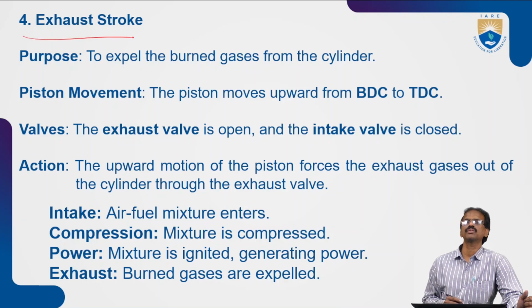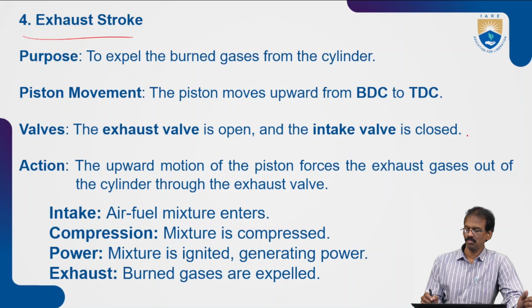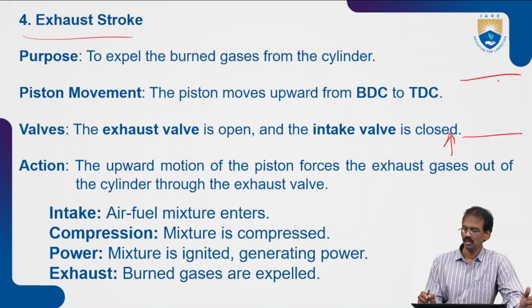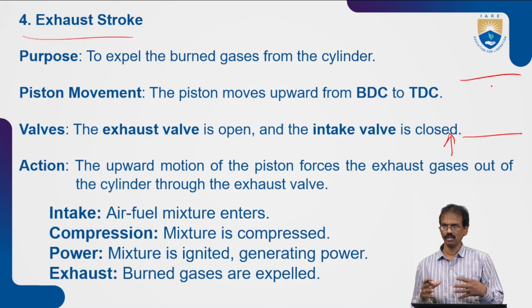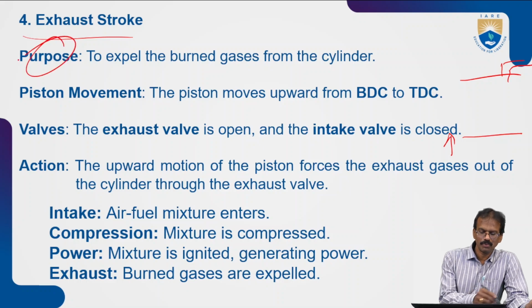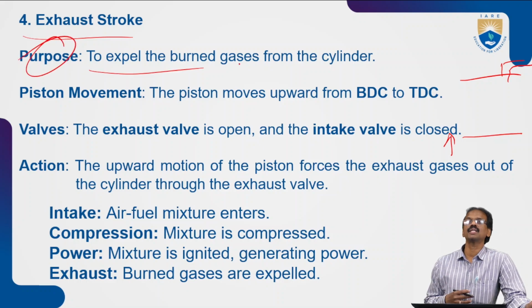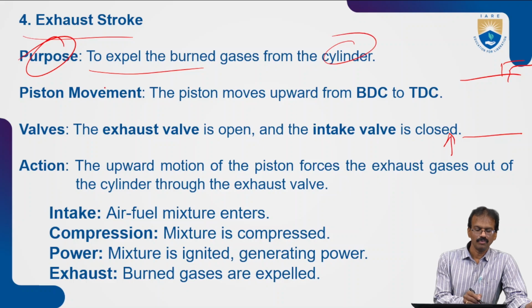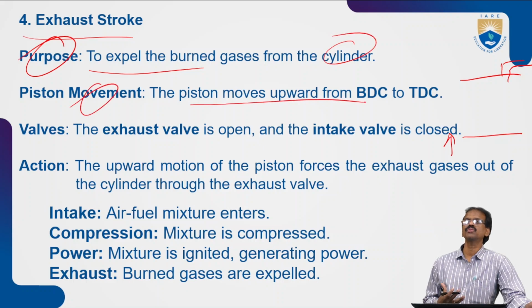Okay, next the exhaust. Exhaust stroke means the piston moves from bottom dead center to top dead center. In this, the smoke which was released in the combustion, and all the unburned fuels, will be scavenged through the outlet valve, the outlet manifold. The purpose is to expel the burnt gases from the cylinder. The piston moves upward from bottom dead center to top dead center.